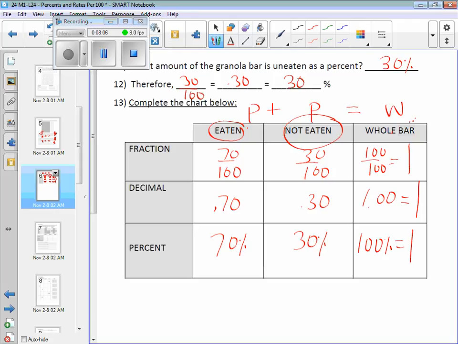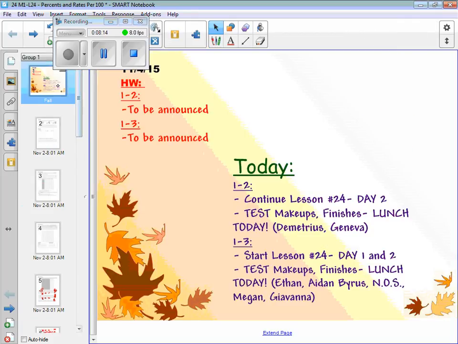The rest of the period is yours to complete pages 7 through 9. It's your homework, but you get a head start. If you haven't written this down yet, write it down again. 1-3, you need your Cum 7. That's due Friday.